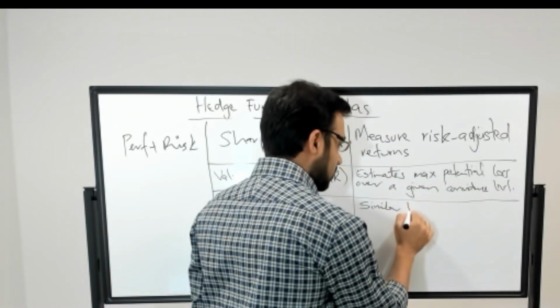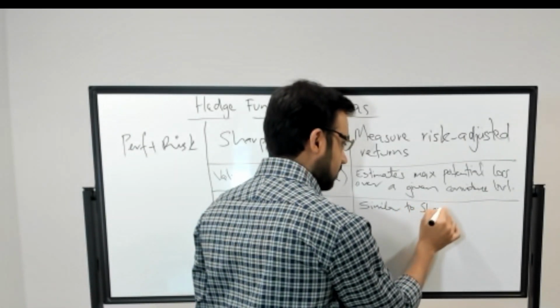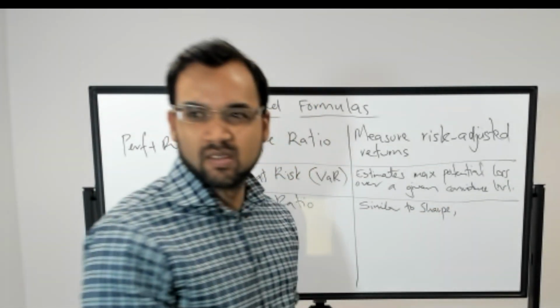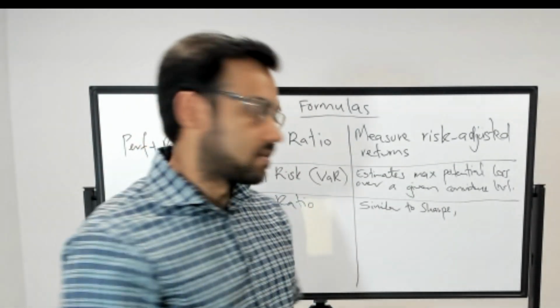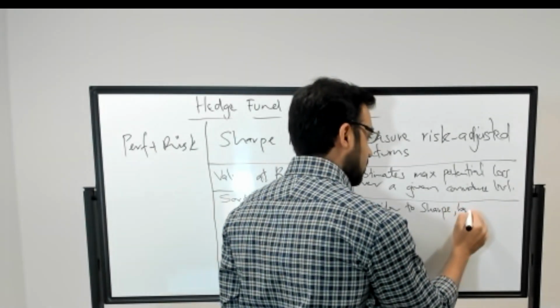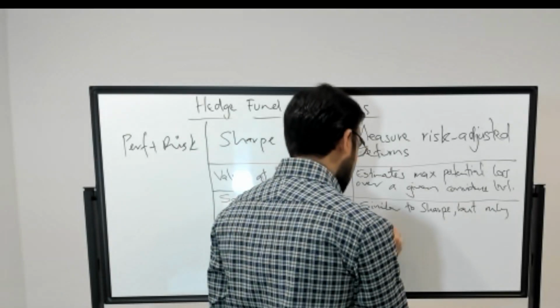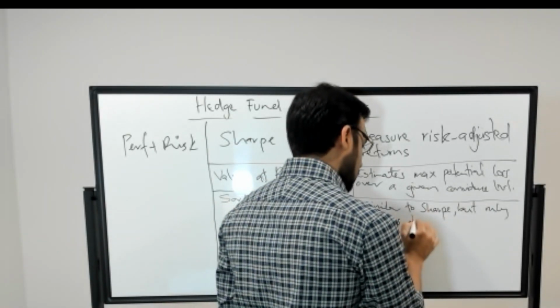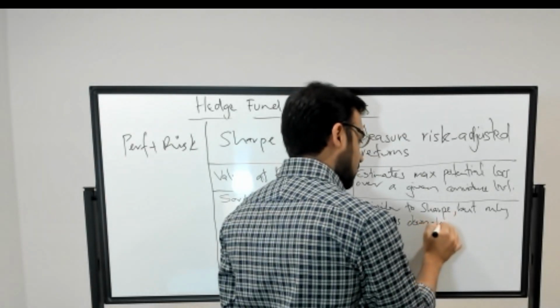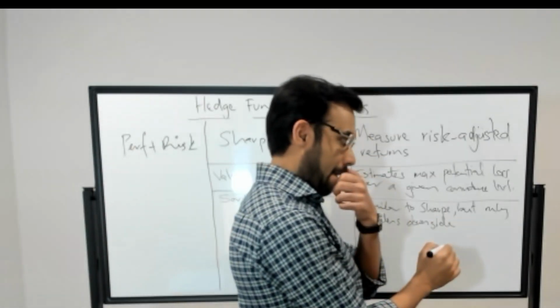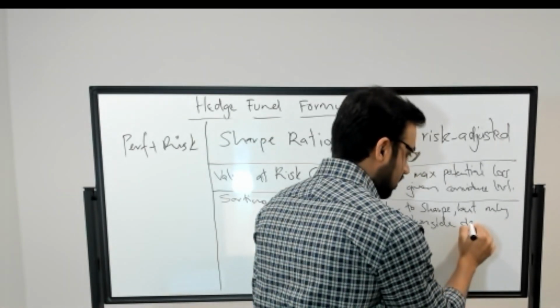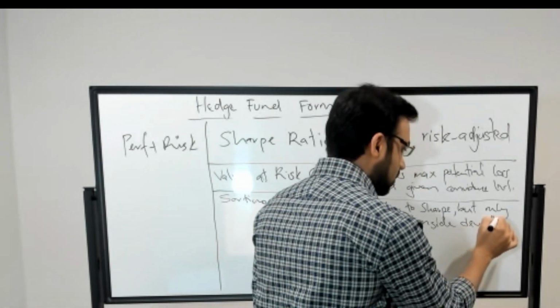Similar to Sharpe, but only considers downside deviation.